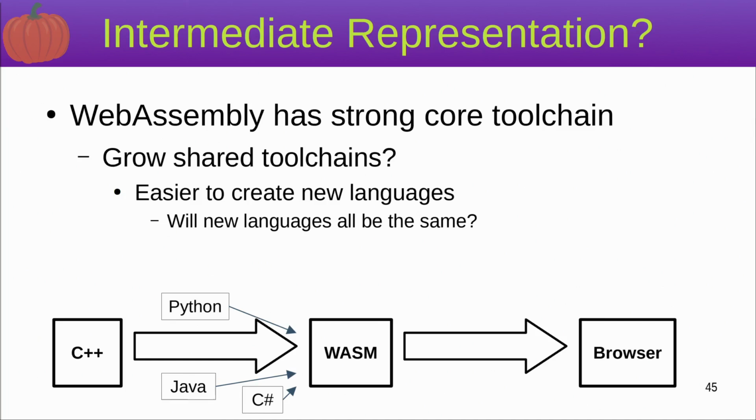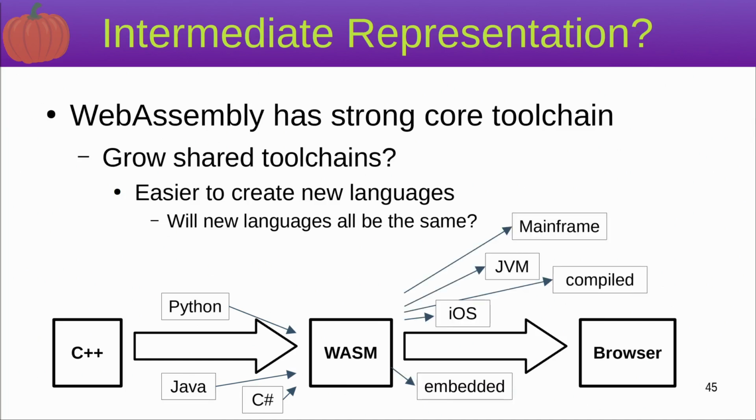If you want to run other things in the browser, you might as well output WebAssembly. And once you have all these languages outputting to WebAssembly, you might as well create other backends to run WebAssembly in other places. Then you might be able to run C# on the mainframe through WebAssembly, or Java on the iPhone through WebAssembly. This might come in the future as WebAssembly matures.